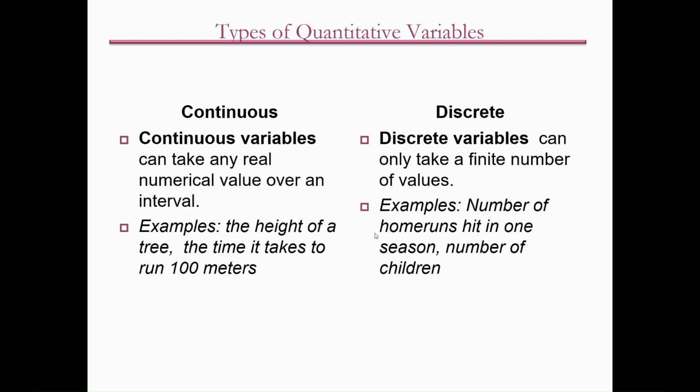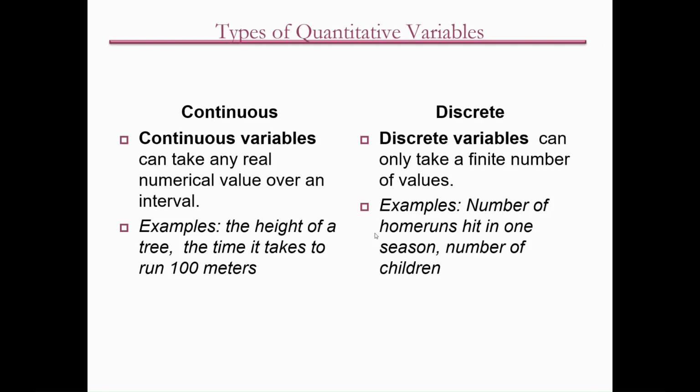On the other hand, when we're talking about discrete variables, you can actually count all the possibilities, and we won't have crazy decimals as options for our variable. For instance, the number of home runs hit in one season is discrete. You can either have one home run or two home runs in a season, or three or four, up to some reasonable maximum.